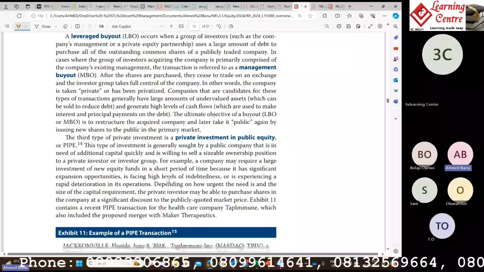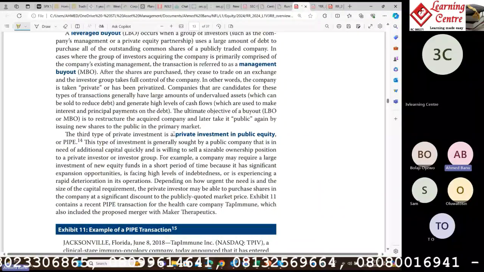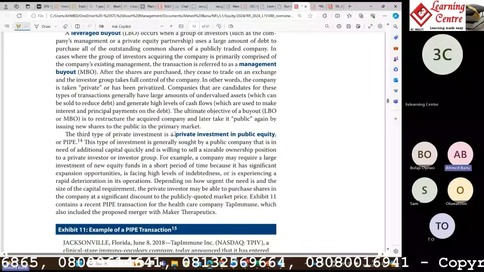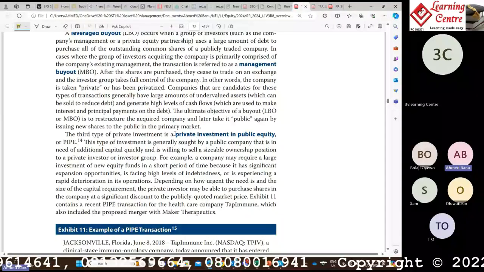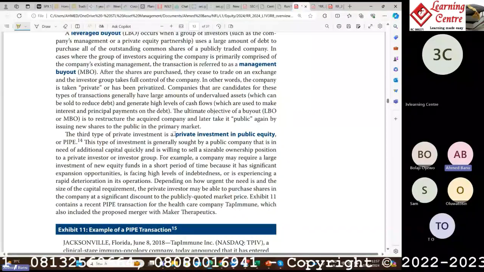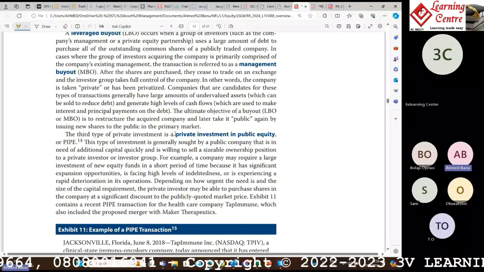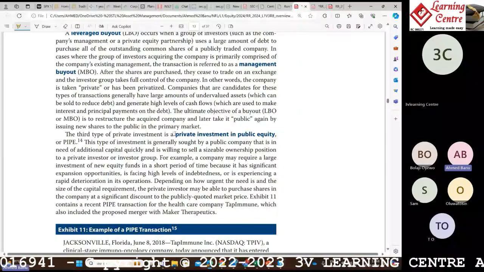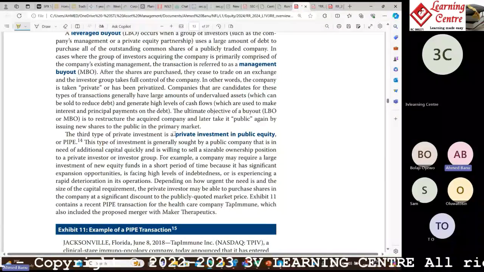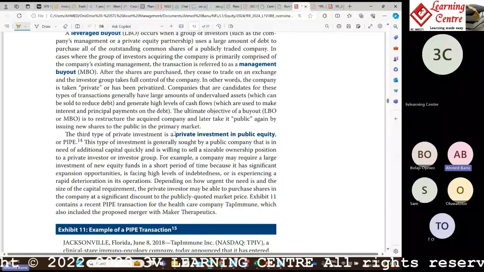Now, the third is PIPE, private investment in public entity. At times, some companies might be cash strapped. A typical example, if you're in tune with the American market last year, you must have heard of a company called Signature Bank. I think it's Signature Bank, the company that ran into issues last year.